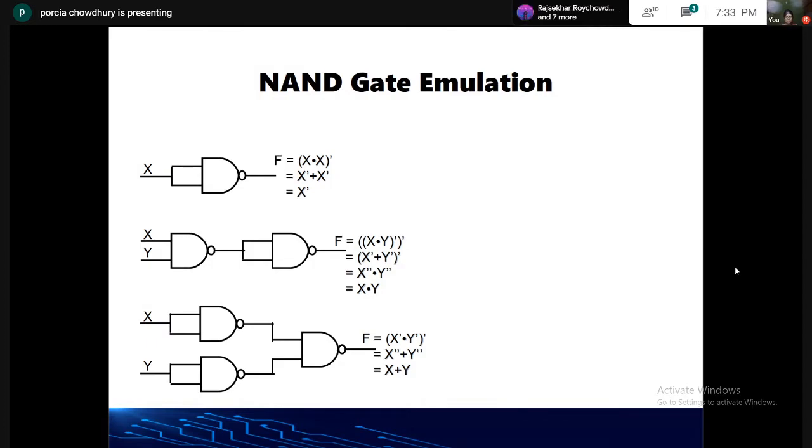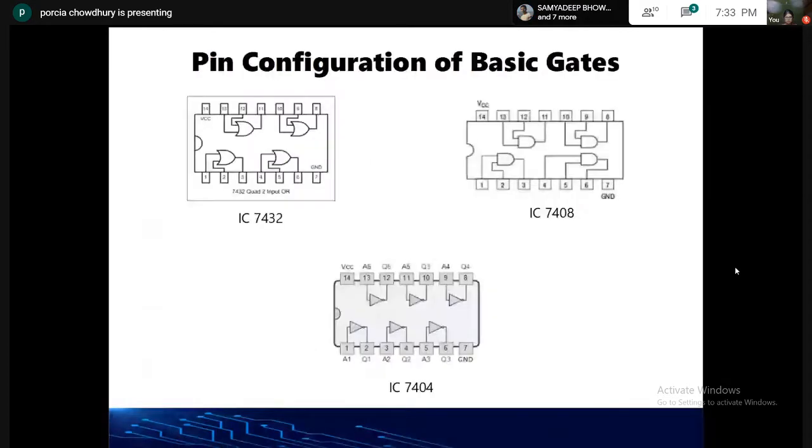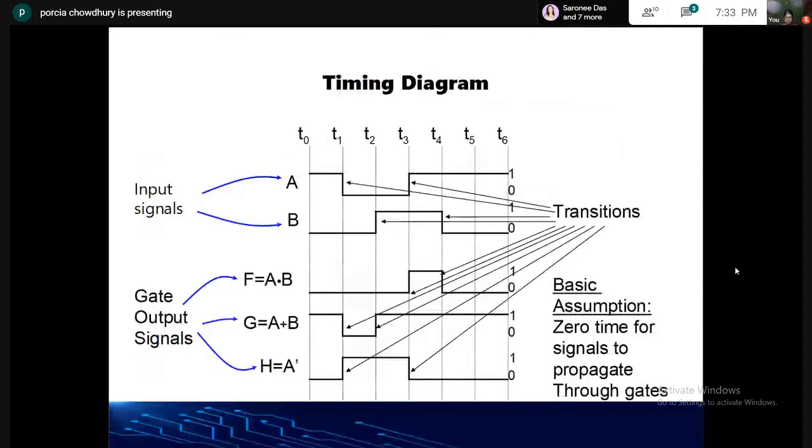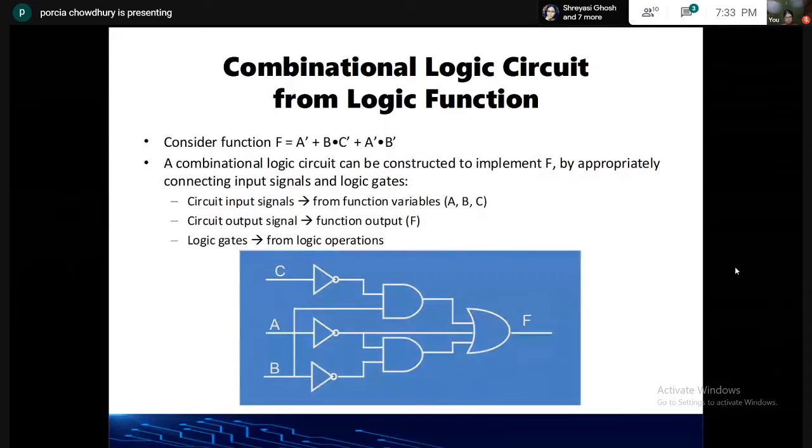Suppose, just refer to the previous diagram, this one. What I have mentioned is that from the NAND gate we can implement the NOT gate, the AND gate, and the OR gate. So in this particular circuit, which is basically a Boolean function represented as a circuit, we have used 3 different gates.